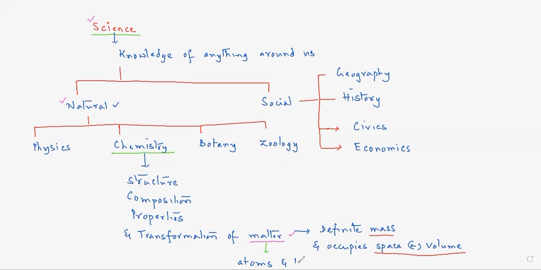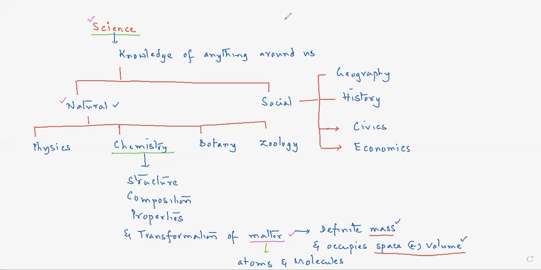Let me call them atoms and molecules. Slowly, I'm taking you into chemistry. Yes, we have entered. Matter is composed of atoms and molecules, of course, molecules which are made up of atoms. Because matter has atoms and molecules, it has definite mass, specific mass, and it occupies some space or volume. Now come back.